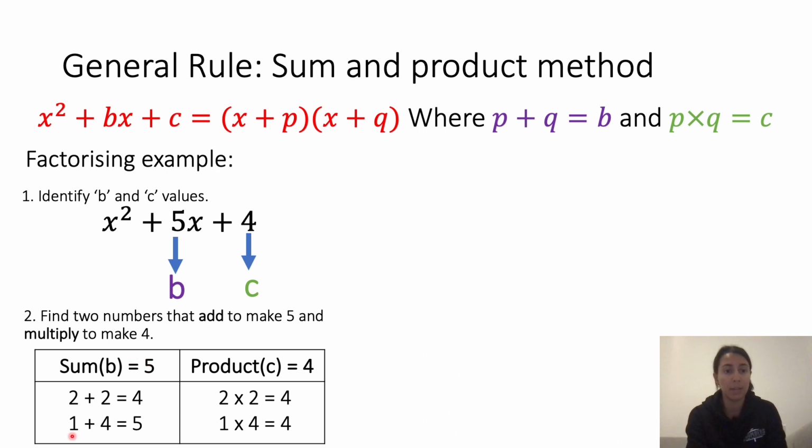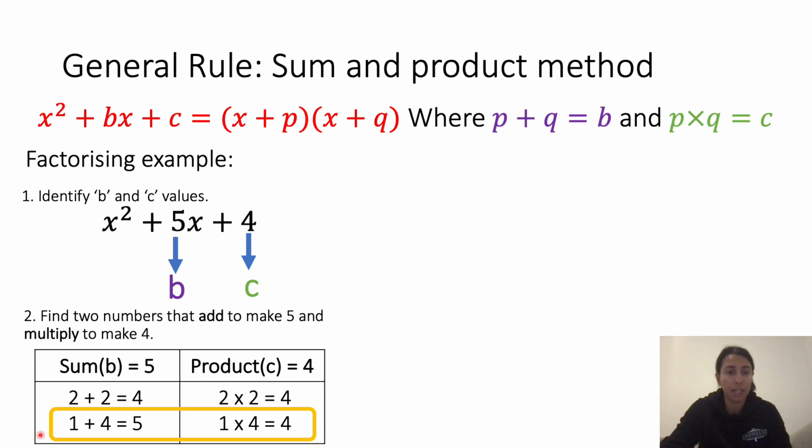However, here when I do 1 plus 4, I get 5. So that means my 1 and 4 fit my criteria, because 1 plus 4 equals 5, which is what I need up here, and 1 times 4 equals 4, which is what I need here.